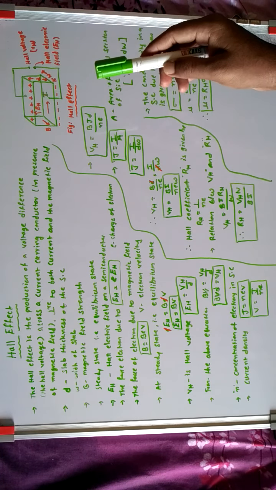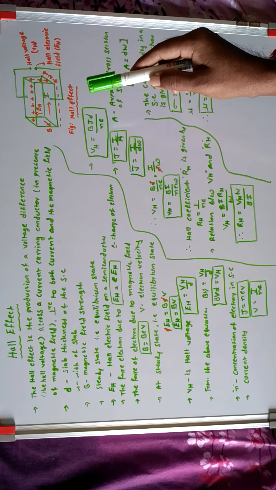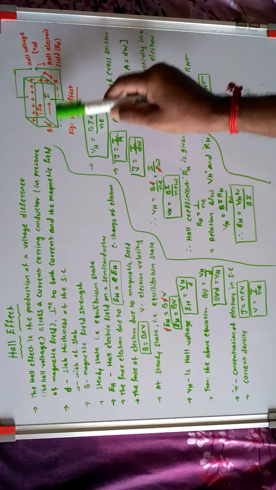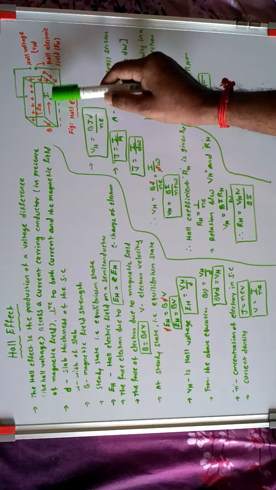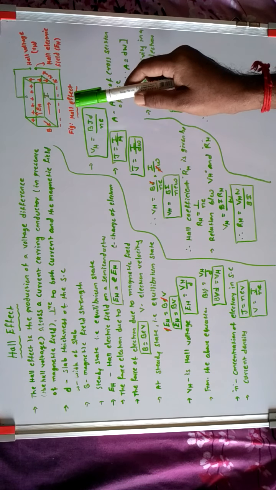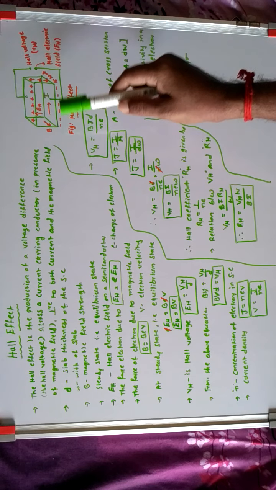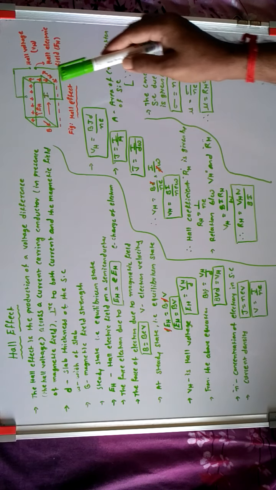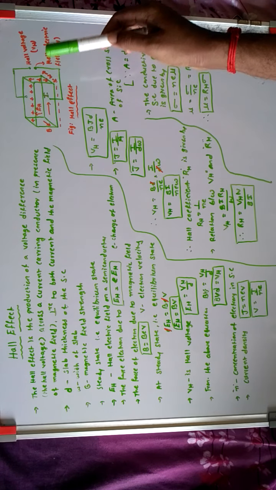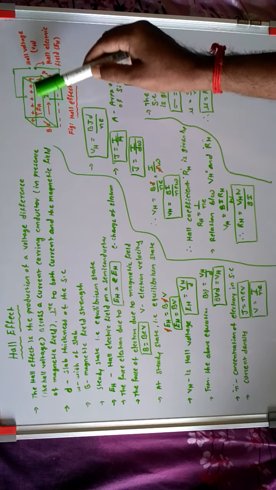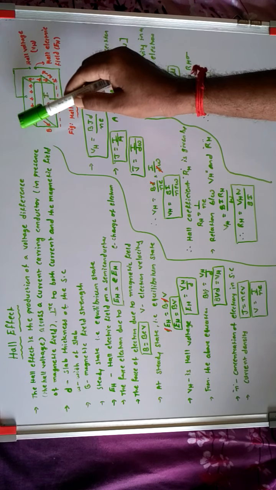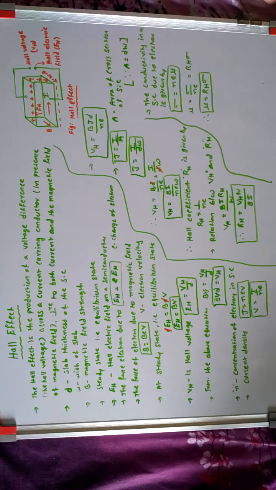As a result, electrons accumulate at the bottom surface of the slab. The negative charge builds up on the bottom surface and the corresponding positive charges on the upper surface of the semiconductor slab.